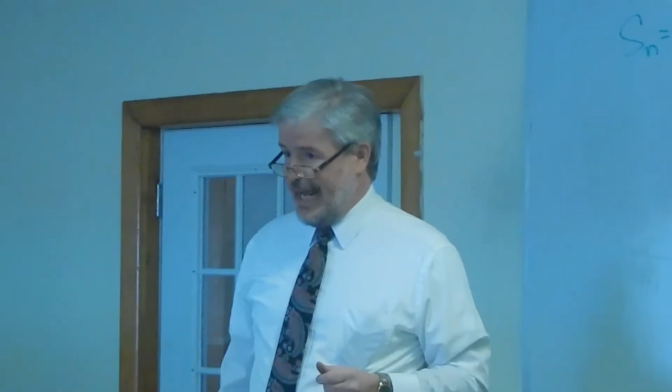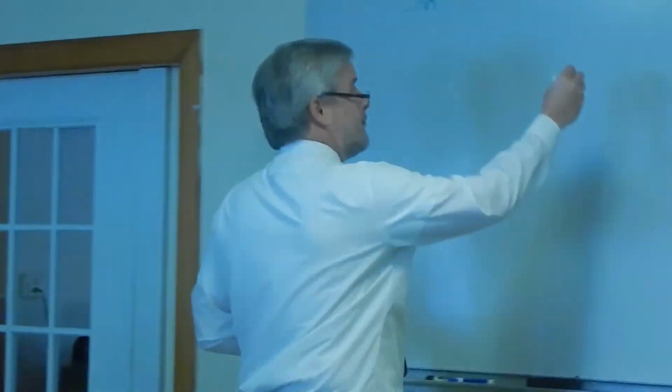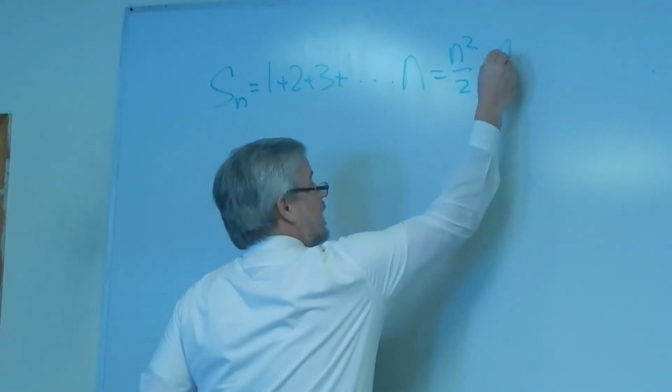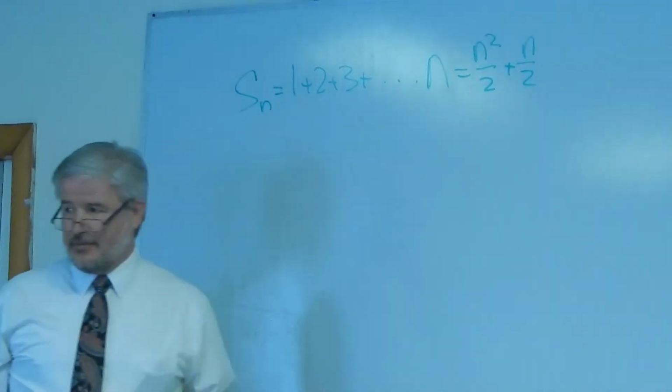The sum of the first n integers is equal to what? n squared over 2 plus n over 2. And we saw how Pascal came up with that. It's kind of brilliant.